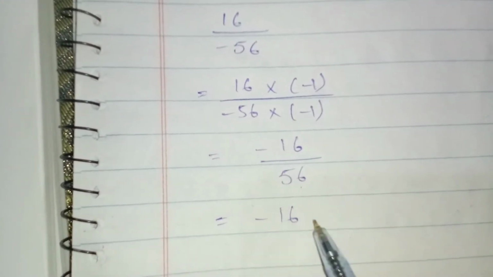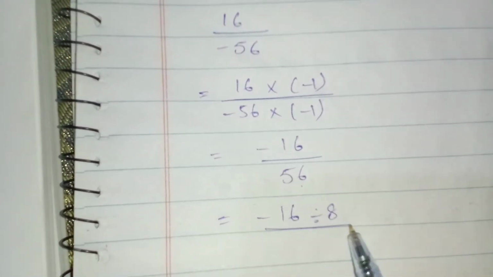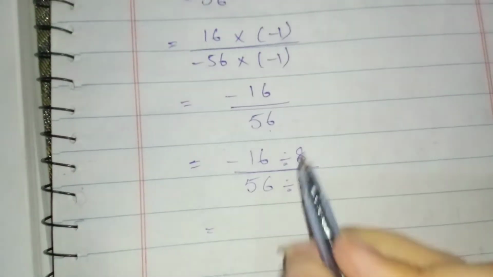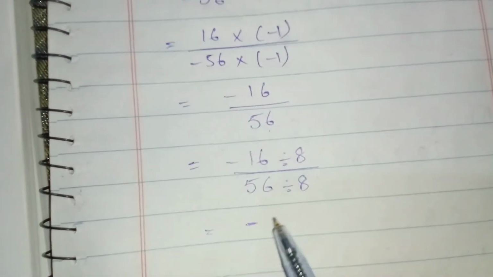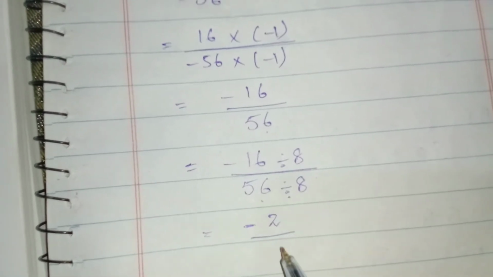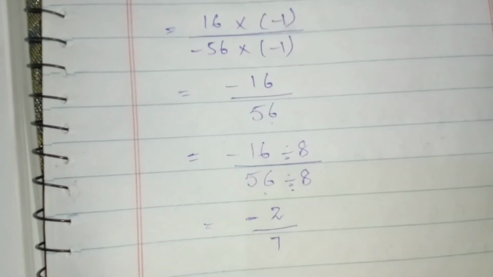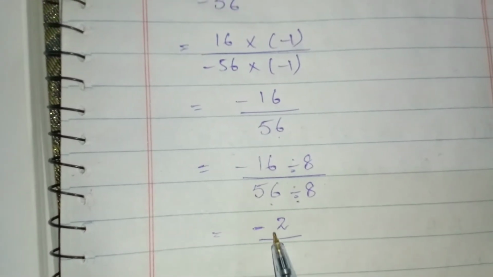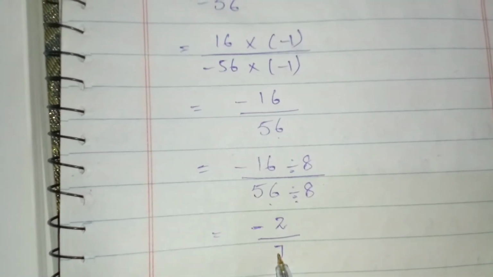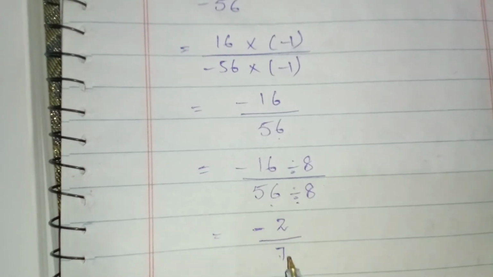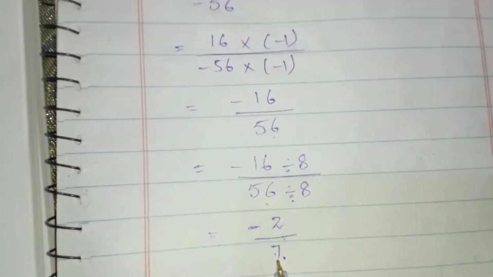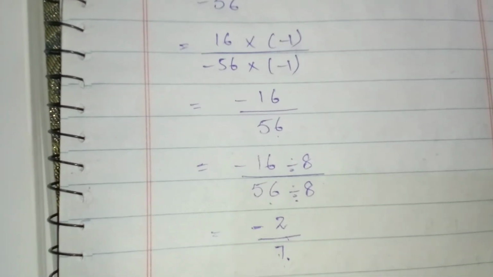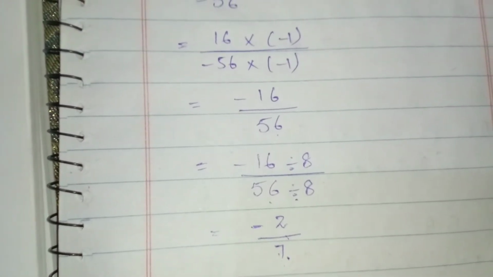So minus 16 divided by 8 and 56 divided by 8: 8 ones are 8, 8 twos are 16, so minus 2, and 8 sevens are 56. So minus 2 over 7 is in the standard form because it is in the lowest terms, and the denominator of the rational number is positive. So minus 2 over 7 is the standard form of 16 over minus 56.